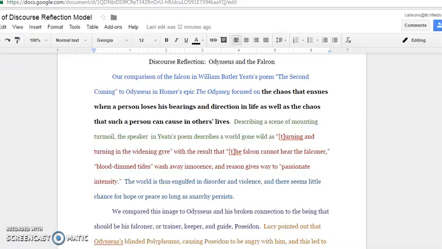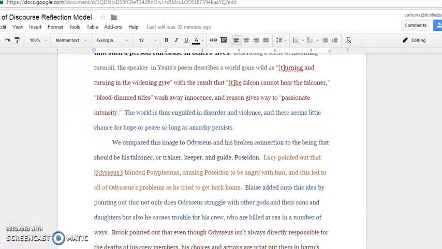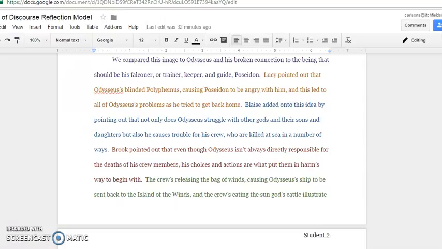And I've concluded that first paragraph with the statement, the world is thus engulfed in disorder and violence, and there seems little chance for hope or peace so long as anarchy persists. So now you've got the lay of the land as far as that text. And now I'm starting a new paragraph because I'm beginning to talk about Odysseus and how that relates to him.